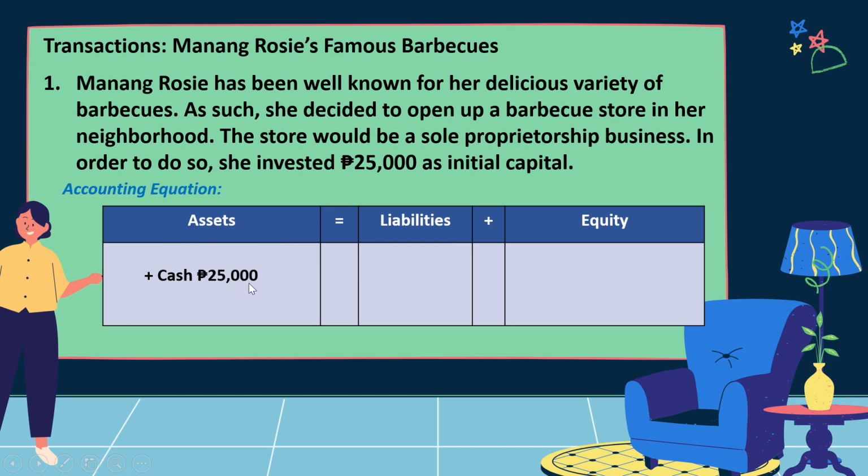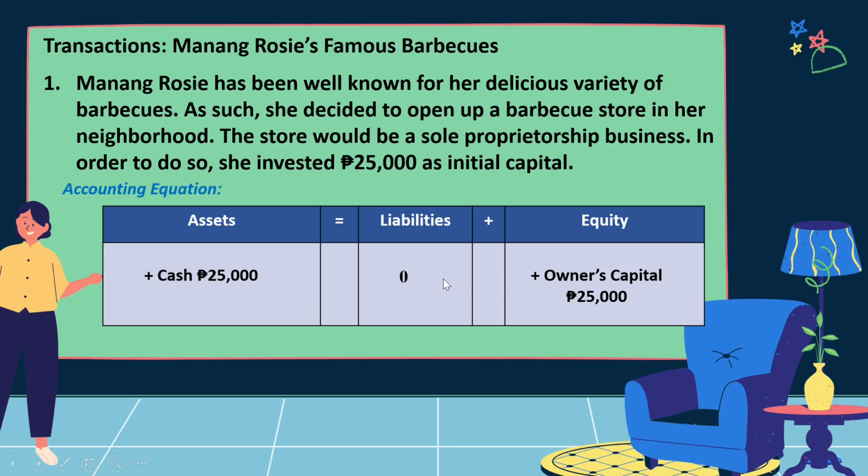Okay, so next, we have owner's capital, which is 25,000. So, bakit positive sign yan? Kasi, yan yung first capital niya na in-invest niya sa business, which is 25,000. Okay, so do we have liabilities? None. Zero ang liability niya. Walang liability sa transaction na to.